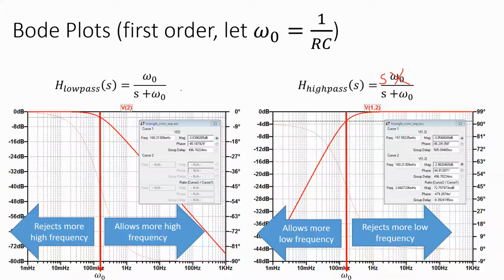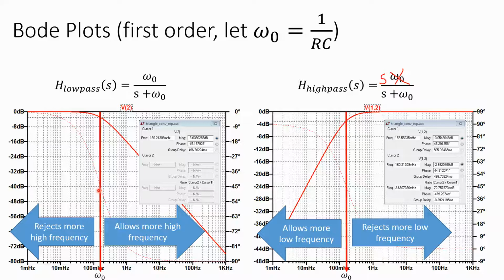Now, RC in this example equaled 1, so omega naught equals 1. Here's V2 across the capacitor, and here's V12, the voltage across the resistor. For the low pass, this is the cutoff frequency, omega naught. And this is a frequency scale, so it's supposed to be 159 millihertz for 1 radian per second. That's pretty close.